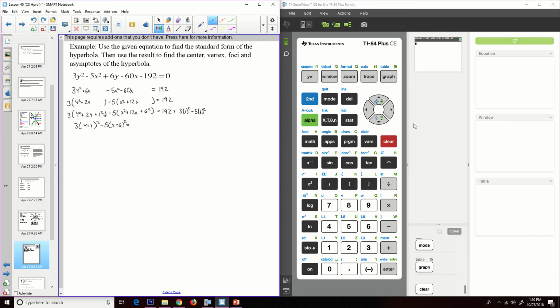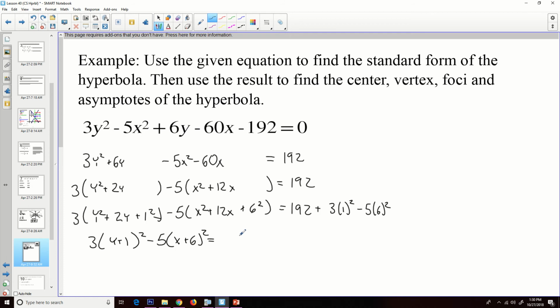It'll be 192 plus 3 minus 5 times 6 squared equals 15. Okay, so I'll come back here, we'll bring this back up, and we'll make this 15.